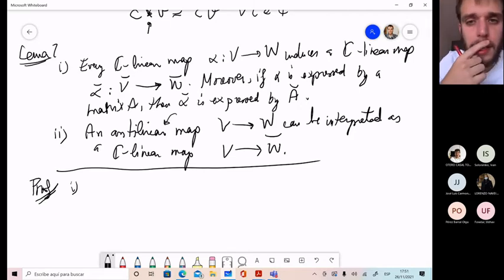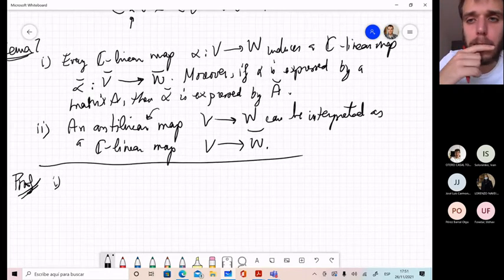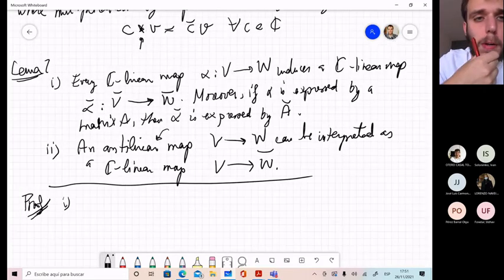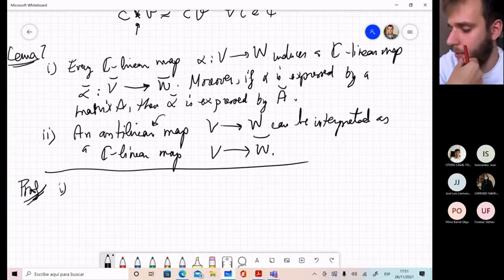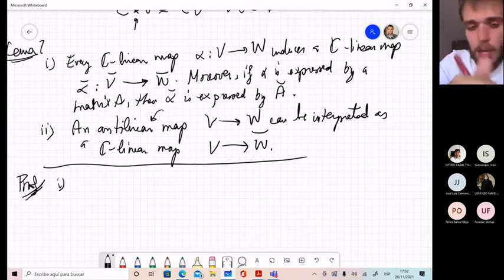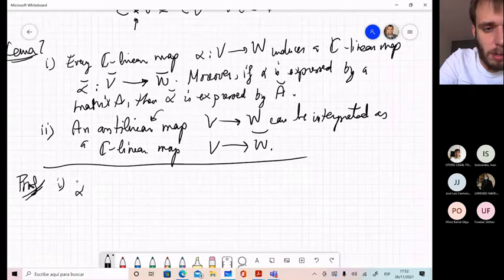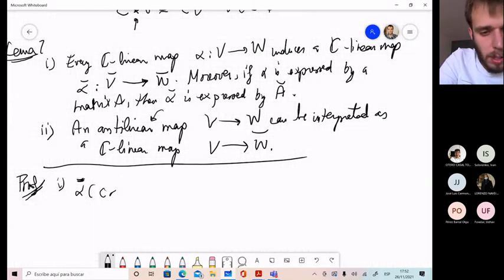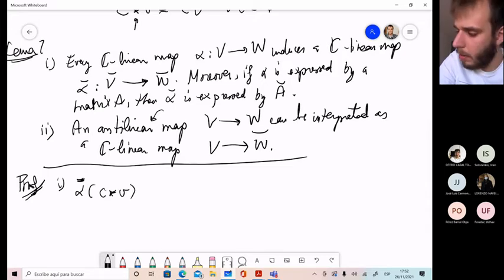So I start with a C-linear map, and I want to prove that it induces a C-linear map on the complex conjugate of the underlying vector spaces. Let's call this new map alpha bar. Now I multiply by some vector v: this is equal to alpha of c bar v.